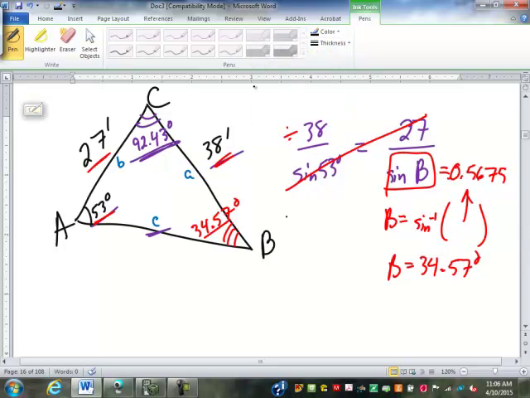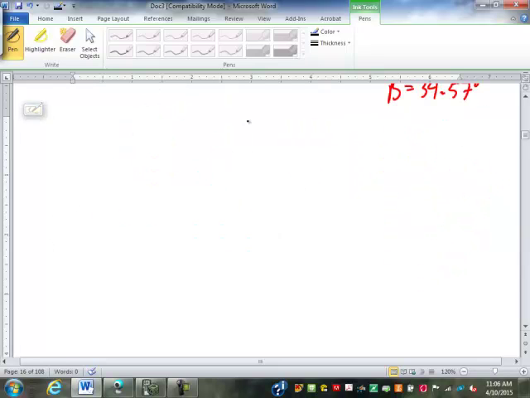What we do have to worry about when we have two sides and an angle is a case like this. Let's say the angle A is 31 degrees, side A is 14 feet, and side B is 30 feet.